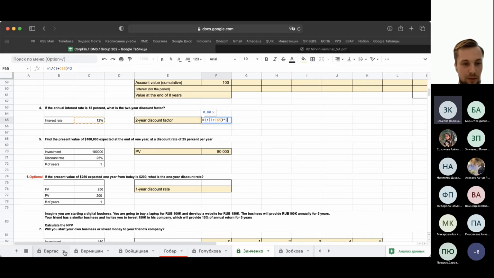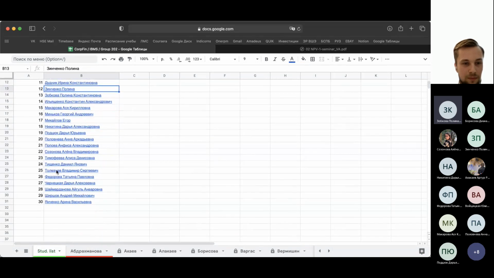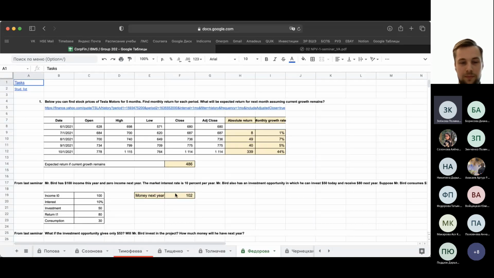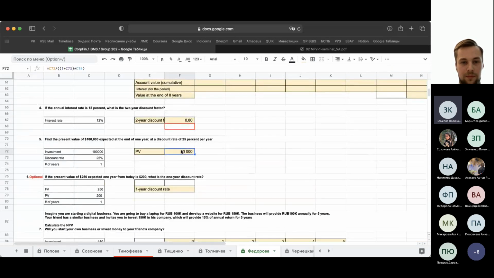Let's go to your tab. Okay. As for the future value, we have the formula: the previous value multiplied by 1 plus the percentage, raised to the number of years. To calculate the present value, we just divide the future value by 1 plus the percentage, raised to the number of years.